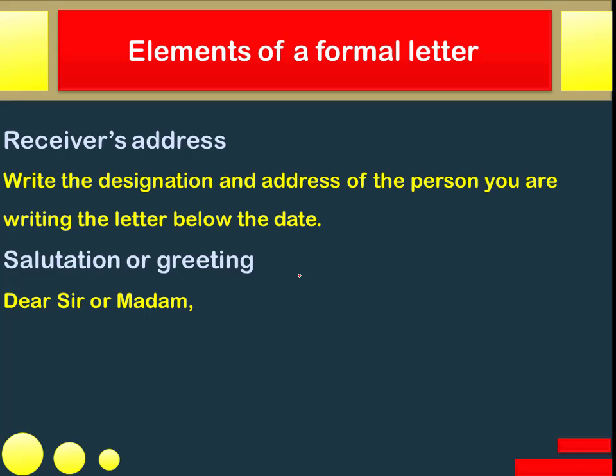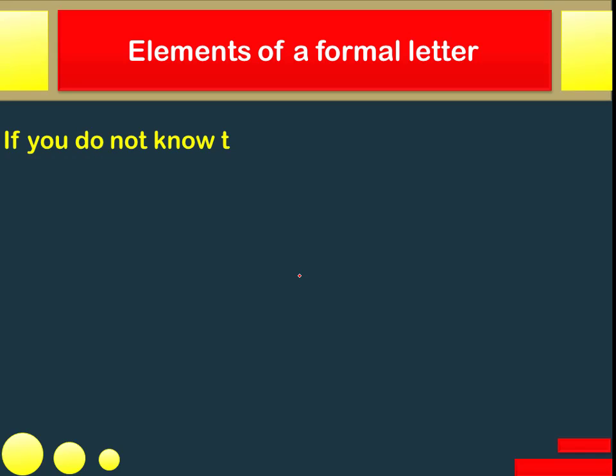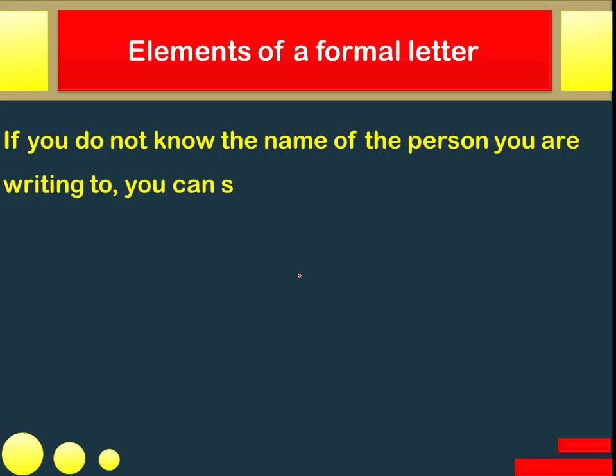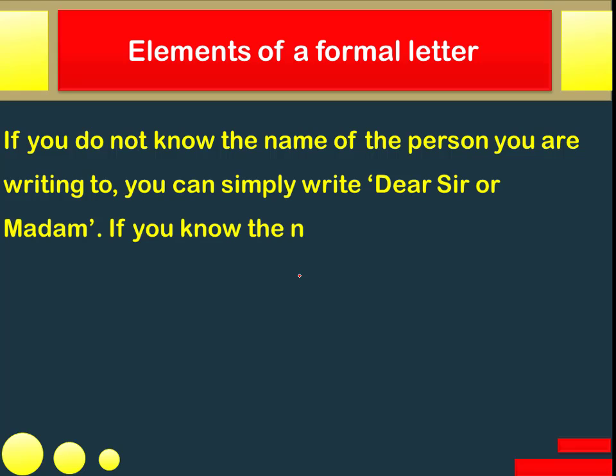So first is the sender's address, then below that you write the date, and just below the date you write the receiver's address and designation, and then the salutation or greeting, dear sir or dear madam. If you do not know the name of the person you are writing to, you can simply write dear sir or dear madam.